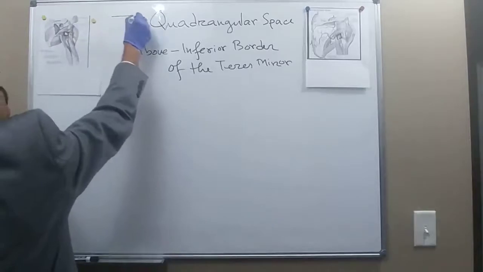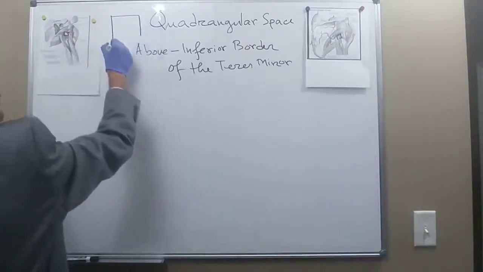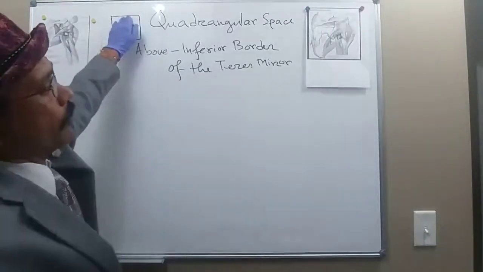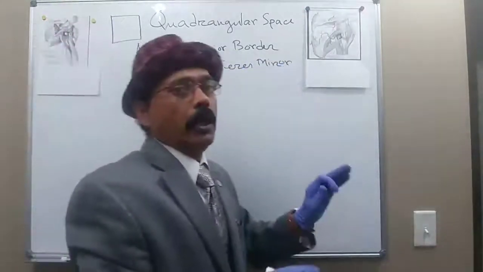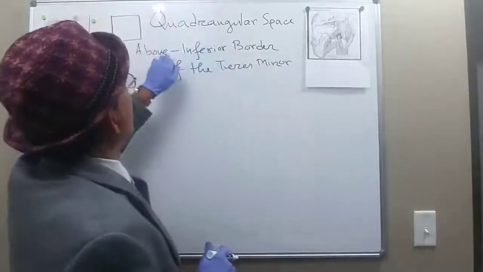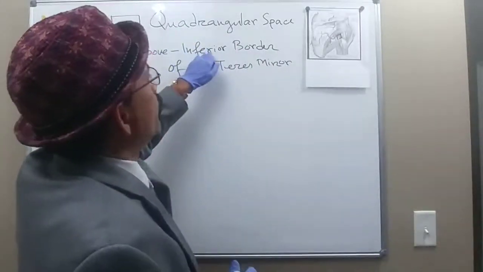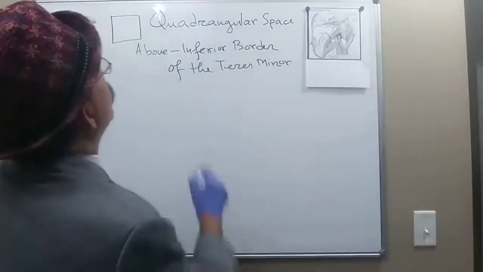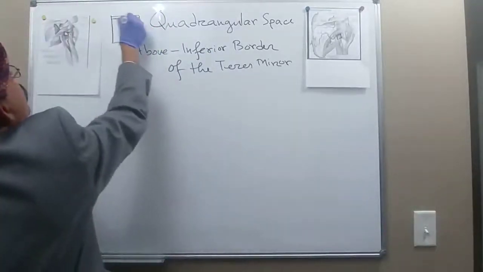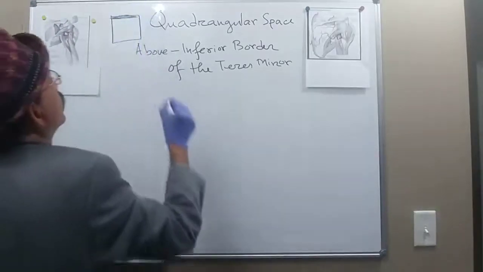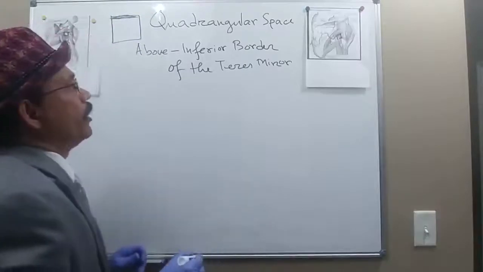From the posterior aspect of the scapula, with the cadaver in prone position, we find it bounded above by the inferior border of the teres minor. So this is the teres minor.